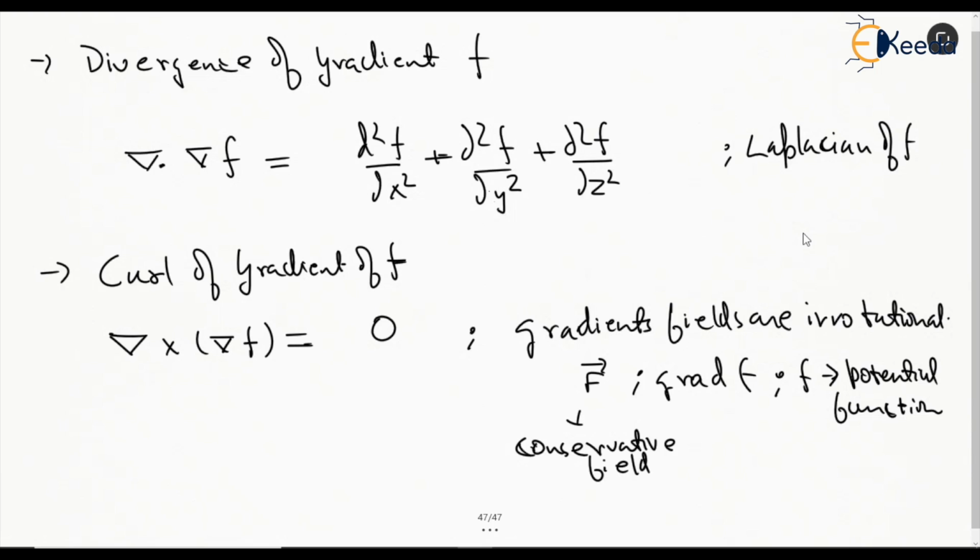We'll see that. So irrotational is related with conservative. Once we have a field which is a gradient of some potential function small f, then it is always conservative. So obviously it has to be irrotational, because conservative is irrotational.